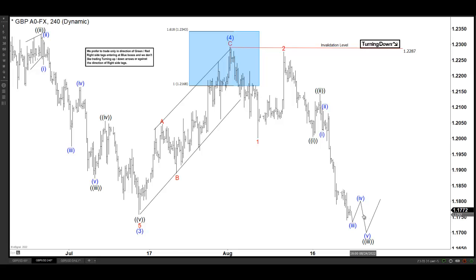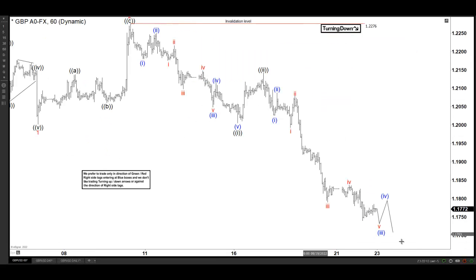We're expecting this to take place like this until it finally finds the target, right? And then a huge rally in the pound is going to take place within the next few weeks. But for now, the pound should be trading lower. Tomorrow we can be expecting a wave 4 rally that should remain below these peak areas over here.